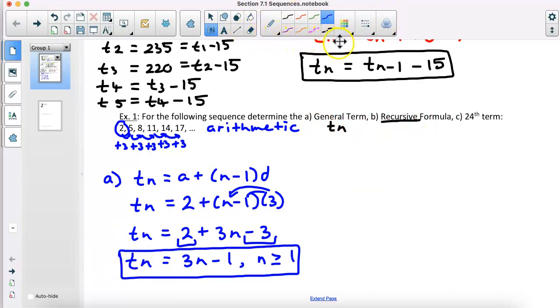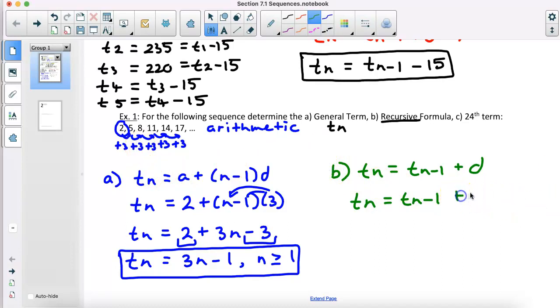So the next one we're going to look at is the recursive formula. For part B, we have t_n is equal to t_(n-1) plus d. And we're left with t_n is equal to t_(n-1), and in this case, the difference is plus 3.